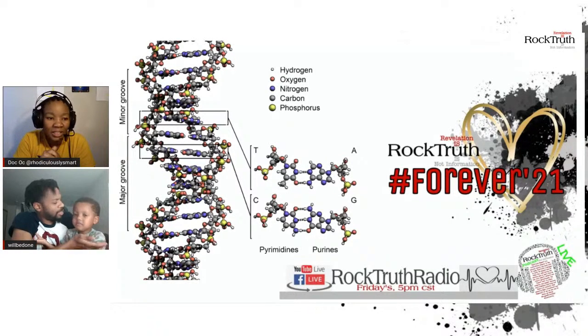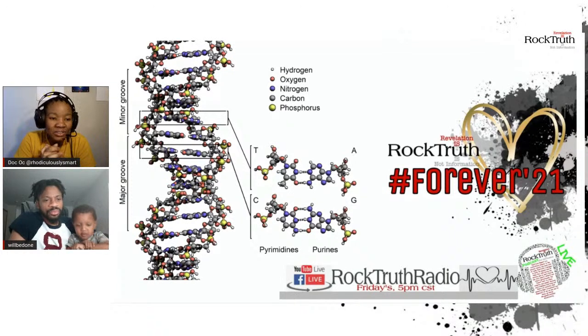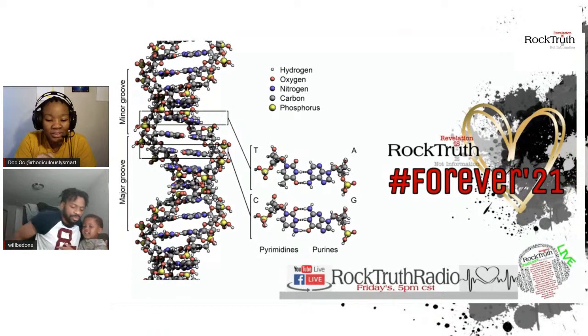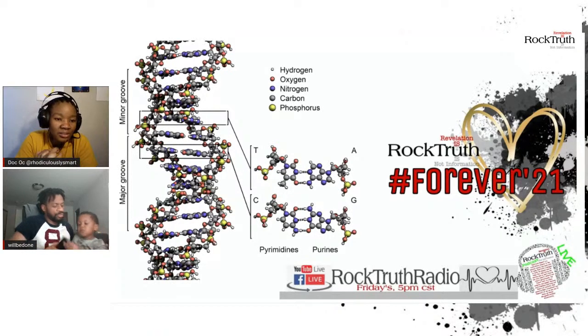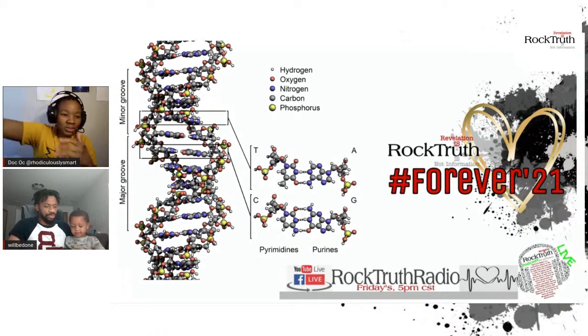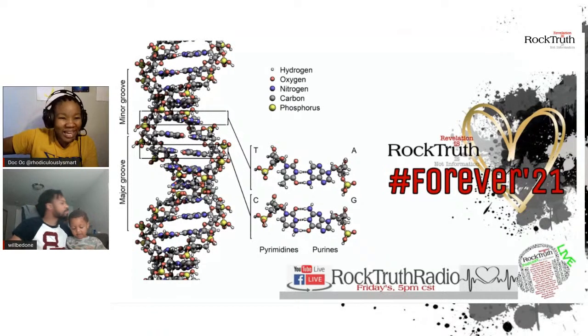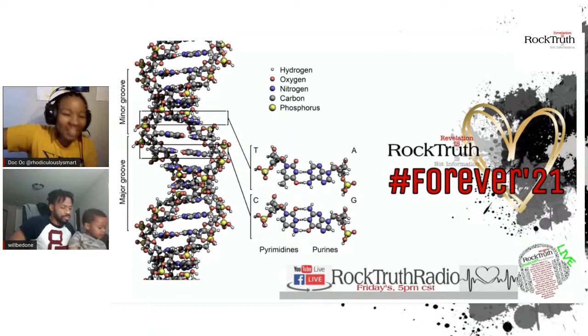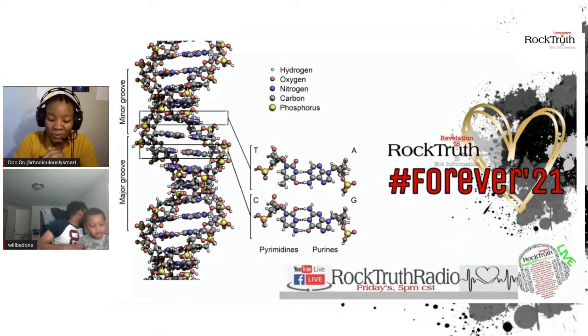So deoxyribonucleic acid is only found in multicellular organisms, and multicellular organisms are more complex. So the simpler came first, and then it was complicated afterward.